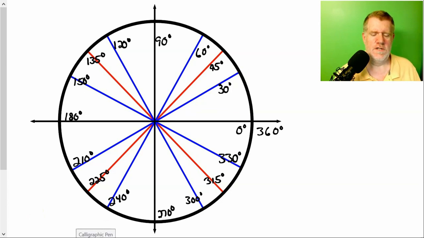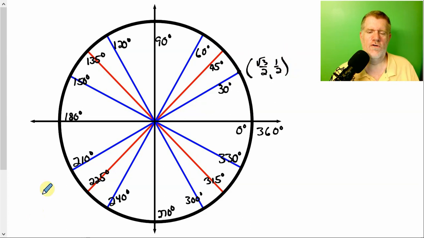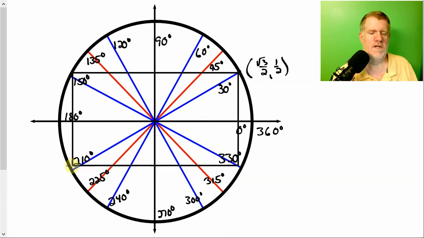Okay, let's put the ones that we know. We know that this is the square root of 3 over 2 and 1/2. If we know 30, which ones do we also know? Now I'm going to give you a little visual reference here. I'm going to make this rectangle.